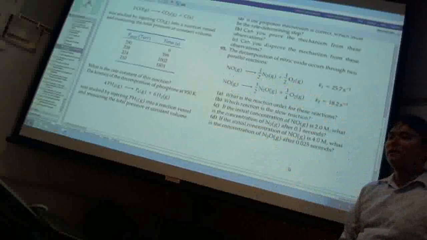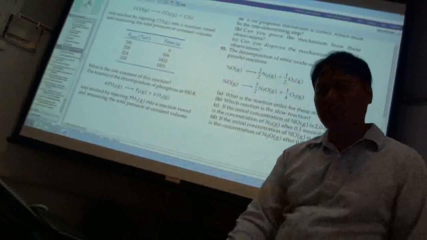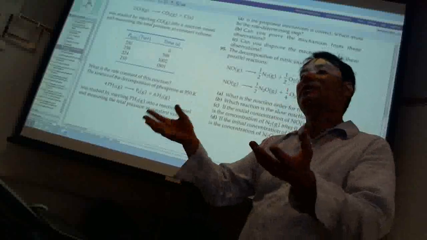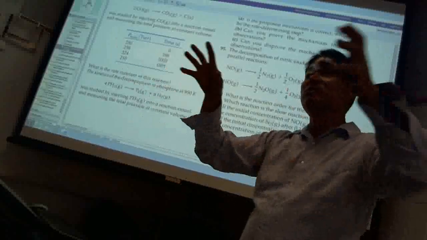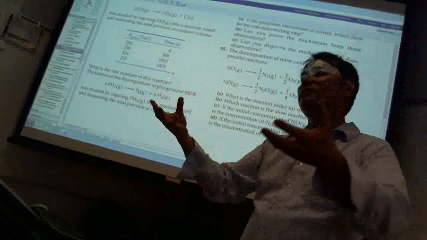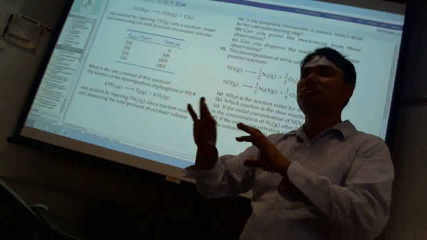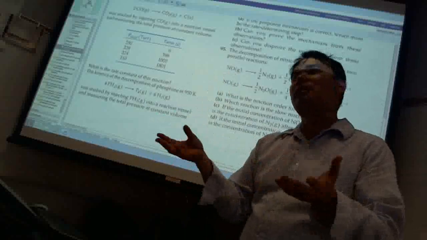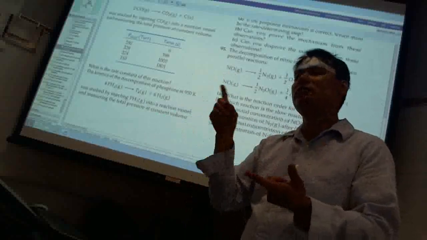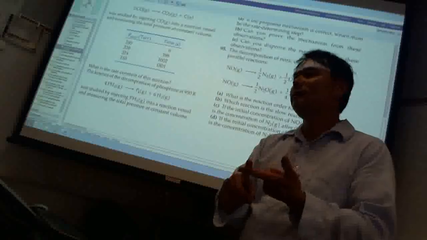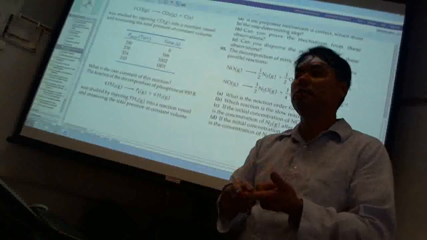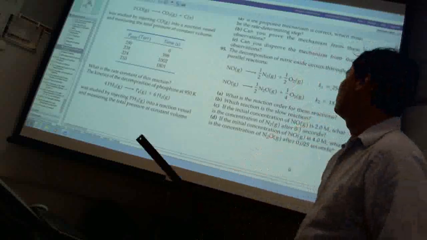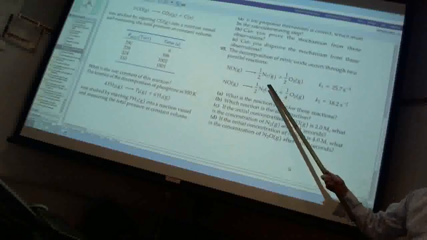This is like when we have multiple equilibria. The way I think about this problem is sometimes you might be able to solve them separately if there's no connection between the 2 equilibria. Maybe they're just in the same container, but 2 totally different equilibria, and you could solve those independently. But if there's a connection between the 2 equilibria, then you have to either solve it stepwise, simultaneous or combined. So when we have something like this, how do you do this?